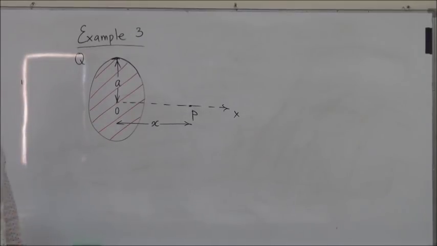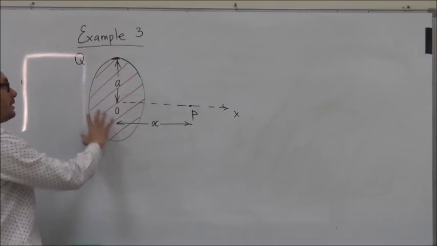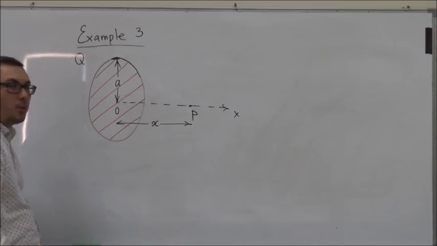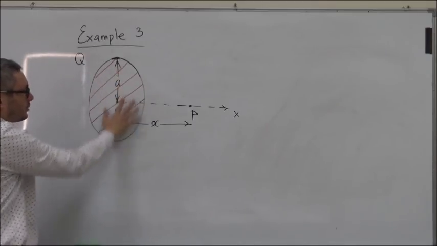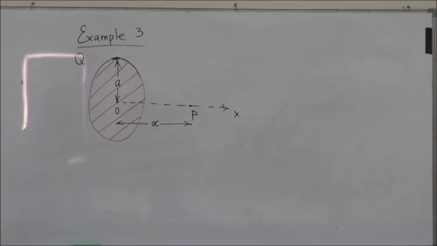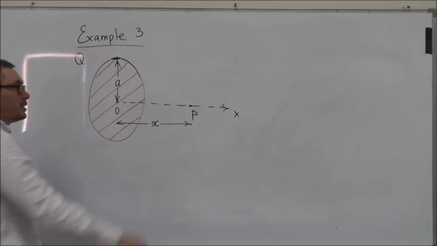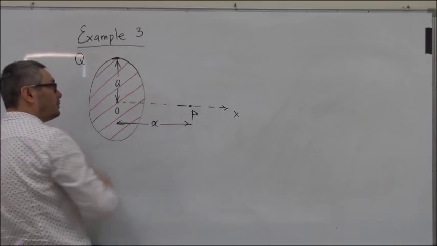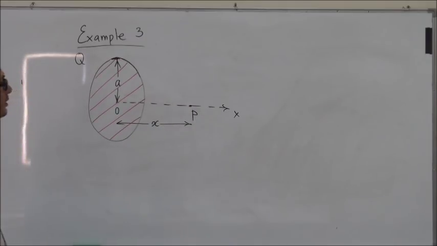Okay, so in this problem, again we have a symmetrical charge distribution, but now instead of a ring, we have a disk of charge with the same charge q, which is uniformly distributed across the entire area of that disk. So the question is, what is the electric potential at point P again? Well, we've already seen this kind of problems when we were solving electric field created by a disk.